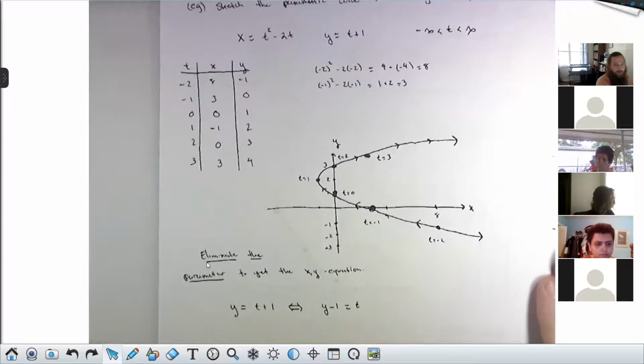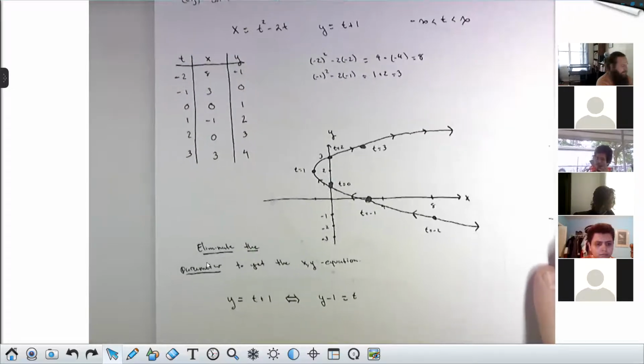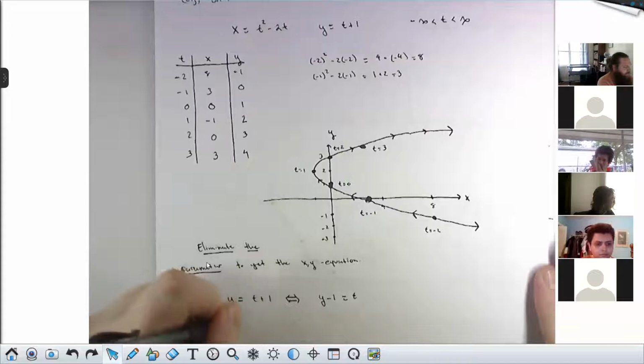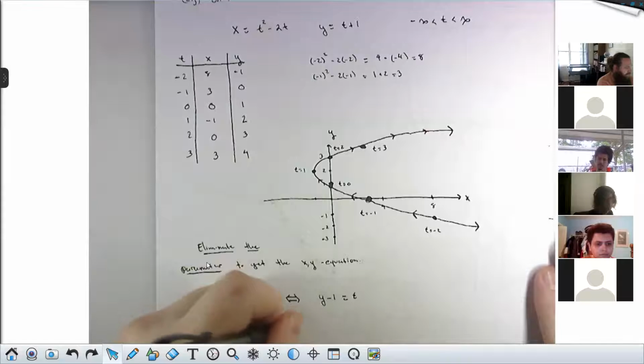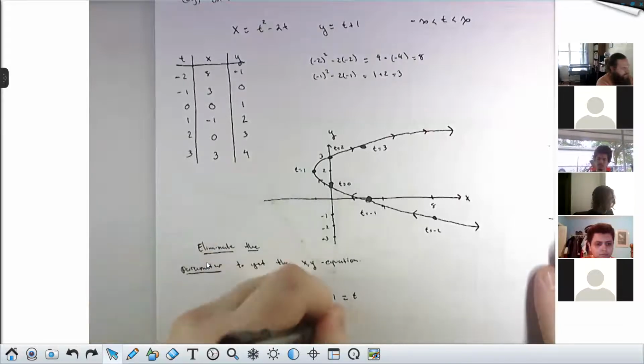And then I can plug this into the x equation. So x, which is t squared minus 2t, can be rewritten as y minus 1 quantity squared minus 2 times y minus 1.